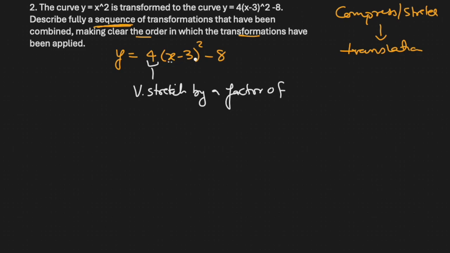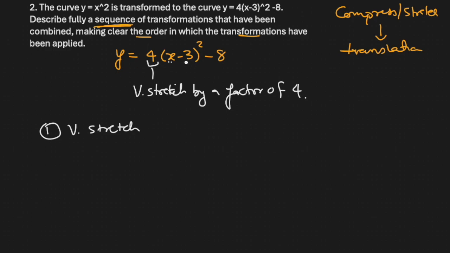No, this has not been multiplied by anything. This square is not with 4, so it is vertical, it is not horizontal. If there is a bracket here and this square was applied to 4 as well, then it would become horizontal. So there is no horizontal. So definitely this is going to be the first: a vertical stretch by a factor of 4.